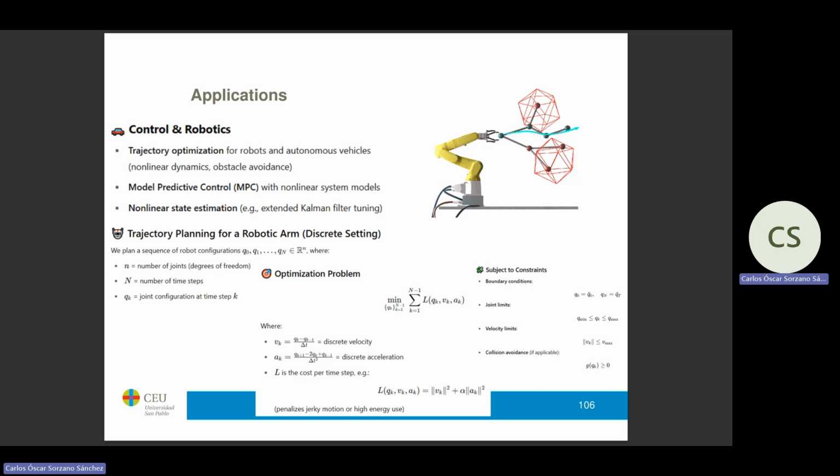So this is a function that you want to minimize. And then your control variables, the ones that you can modify, are the joints and how the joints change over the time segments. Okay, so this is one problem.